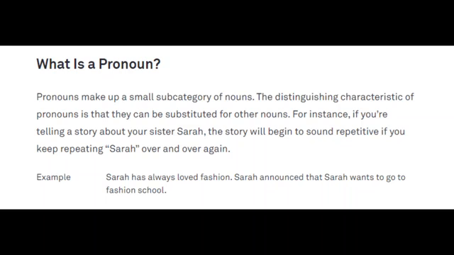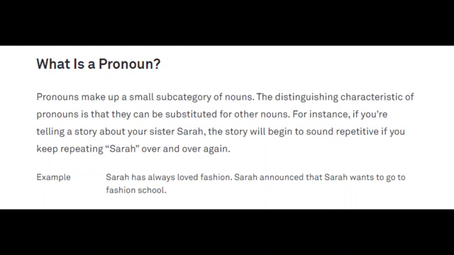Now let's come to pronouns. We are going to see what pronouns are. Pronouns make up a small subcategory of nouns. The distinguishing characteristic of pronouns is that they can be substituted for other nouns.